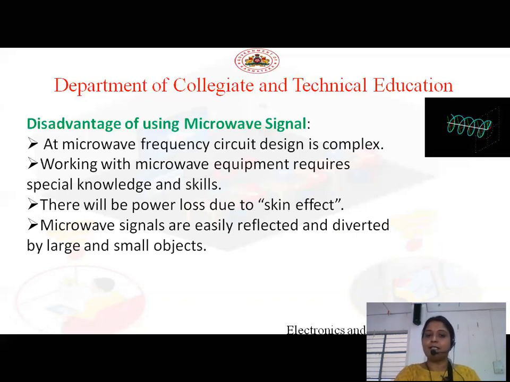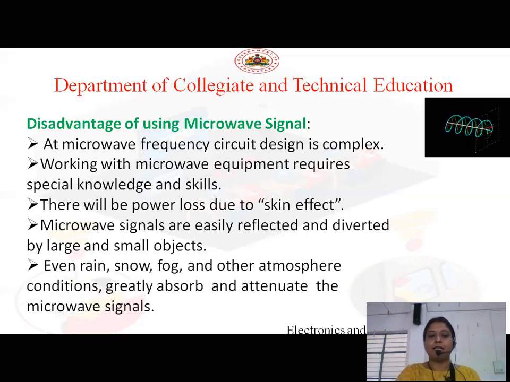The direction will easily change there. Therefore, this is also one of the limitations. And next, even rain, snow, fog and other atmospheric conditions greatly absorb and attenuate the microwave signals. All the atmospheric conditions affect the microwave signals. This is also one of the limitations.